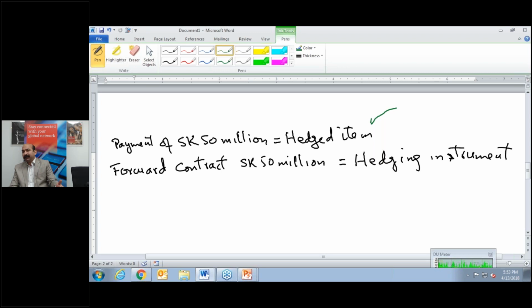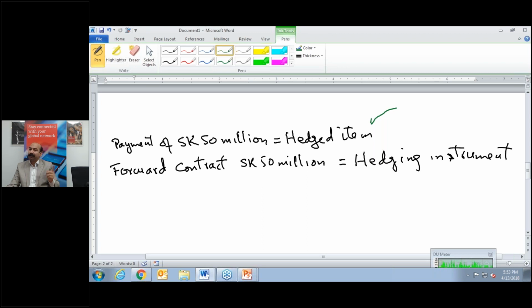Because we have not yet received the asset, property, plant, and equipment. When we receive that, only then it will become payable. Right now, we are waiting for that property, plant, and equipment, for which we are required to pay SK 50 million on 1st December 2013, and we will receive this property, plant, and equipment on 1st November 2013.